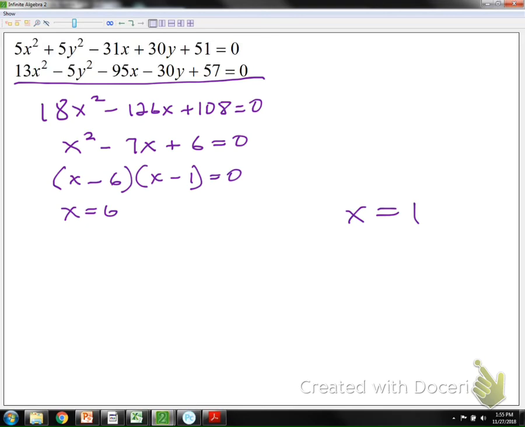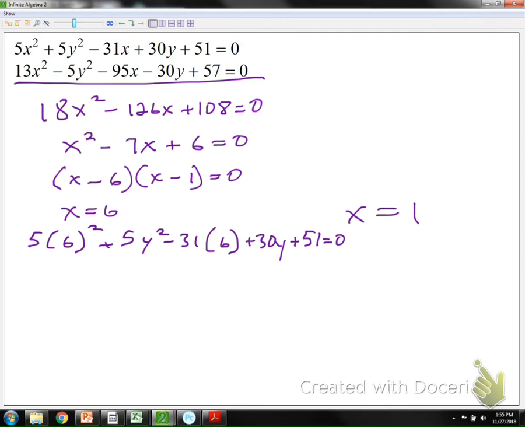For x equals 6, we'll use the first equation, because it has slightly smaller coefficients for x: 5 times x squared plus 5y squared minus 31 times x plus 30y plus 51 equals 0.